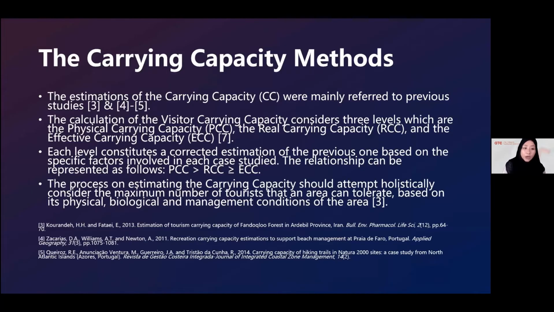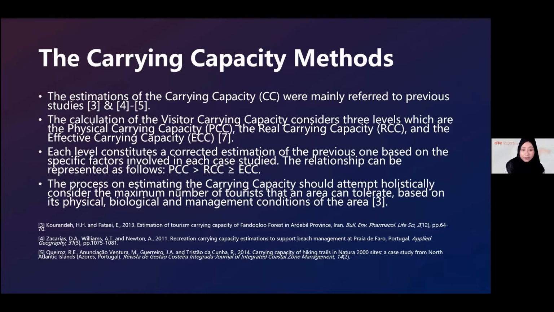All right, so how do we calculate the carrying capacity? First of all, we need to calculate the physical carrying capacity using GIS, meaning that this has nothing to do with other factors. We only use spatial features to calculate the physical carrying capacity.